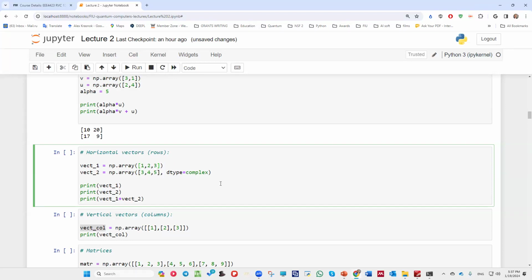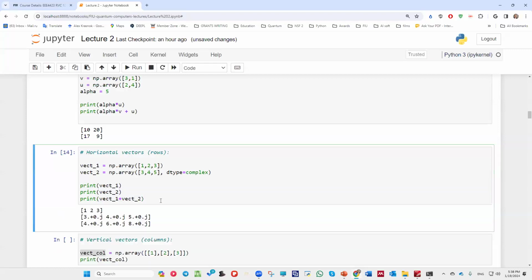I can also specify, for example, that my vector can be complex, right? It can contain complex numbers here. If I run this code, it will print me the first vector, the second vector, and as an example, the sum of the two.